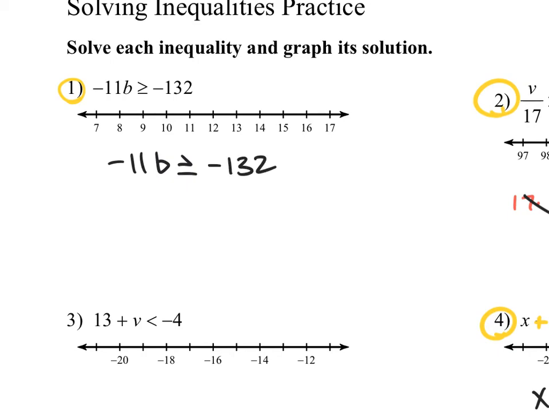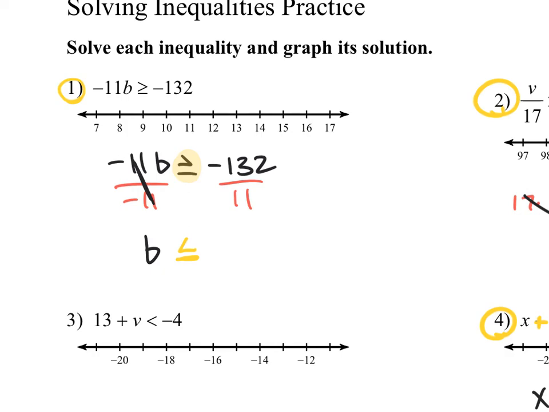So looking here, to get b by itself, you've got to divide both sides by negative 11. However, when we divide by a negative, what do we have to do to our inequality? You have to flip it, and then you keep the rest.